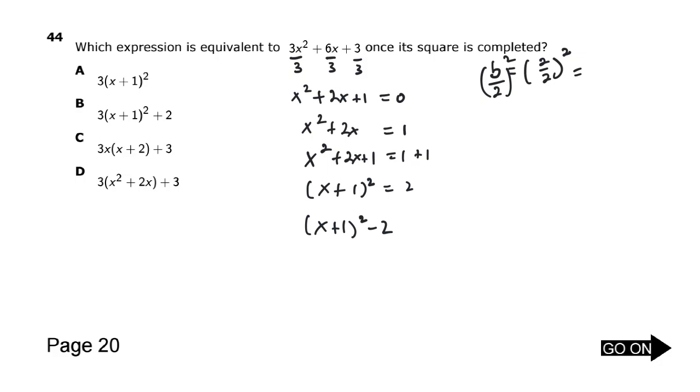I'm sorry, this should have been here, minus 1. So negative 1 plus 1 is 0. So it's actually x plus 1 squared, and you did factor a 3. So your answer is A.